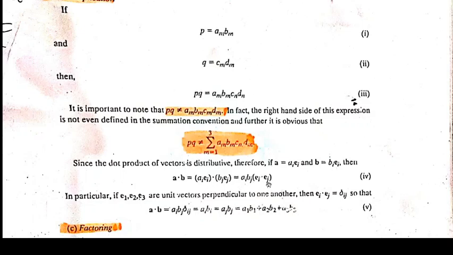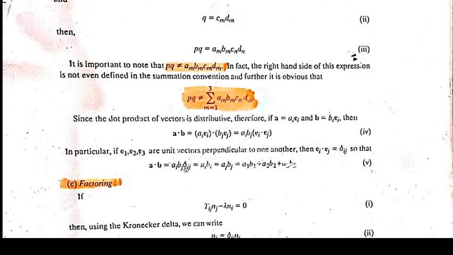Now this ei dot ej, you know that this is delta ij. So ai stays as it is, and j is dummy, so it would be bi. This is the property of Kronecker deltas, which we studied in our second lecture, where I was telling that we will make use of these properties in our course.